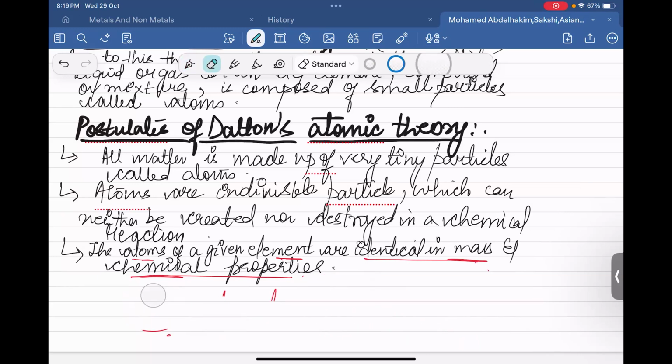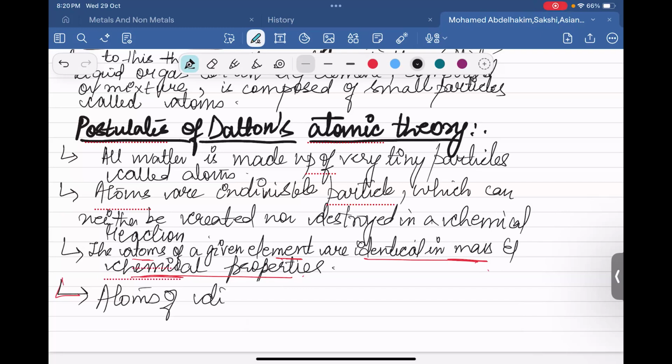But if there are more than one element, then what will happen? The next point is atoms of different elements.